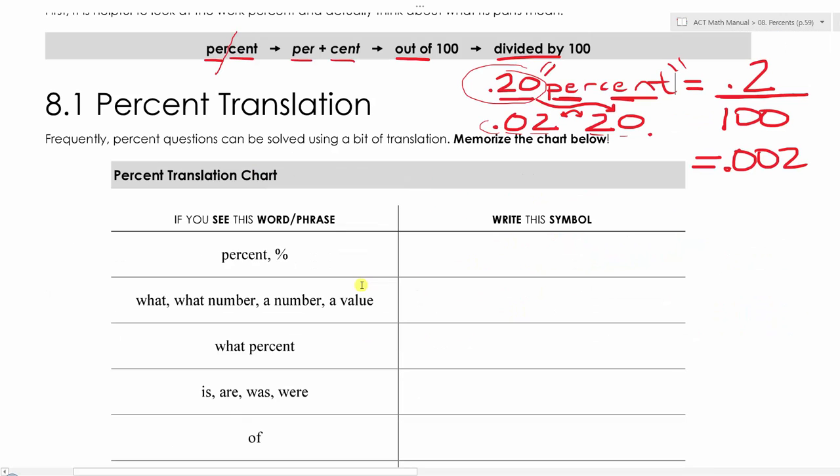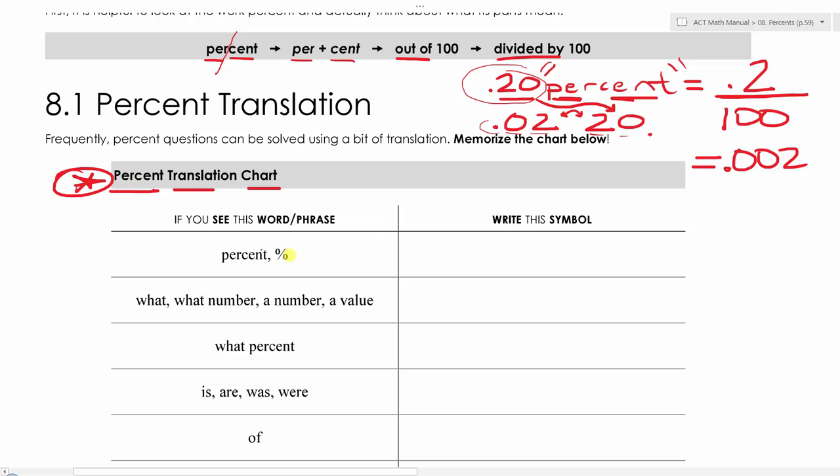Now, in terms of percent translation, what we just went through gives a nice little segue into percent translation, because indeed in this percent translation chart, which I would sincerely suggest that you simply memorize if you are by any chance shaky on percents, or you tend to make careless mistakes on percent questions.